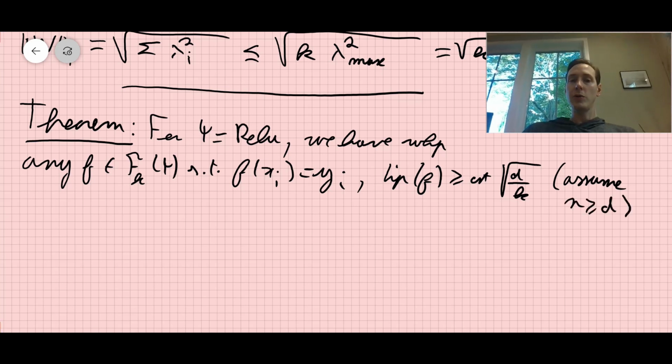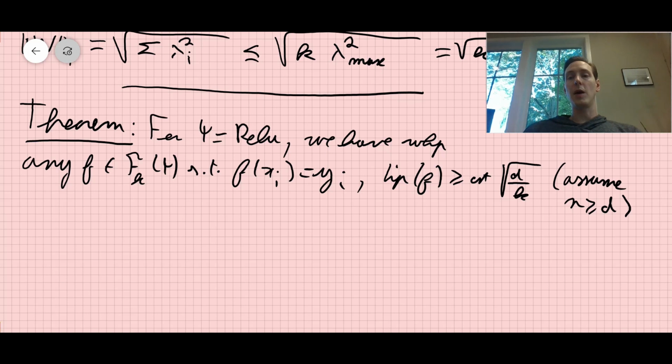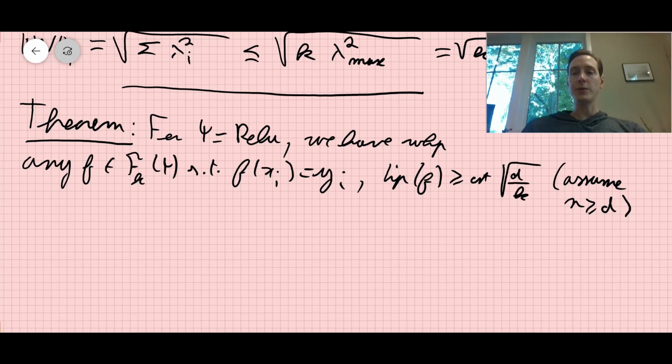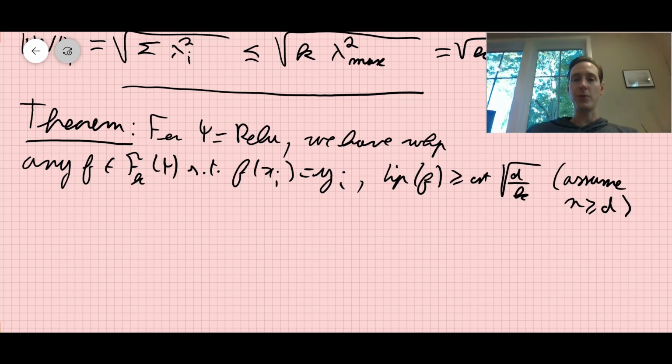This theorem proves a certain lower bound on the Lipschitz constant, which has the correct property that as k decreases, as you make your network more and more compact, the Lipschitz constant is increasing. In particular, if k is a constant, it tells you that the Lipschitz constant has to be larger than square root d, which is interesting in the region where n is of order d.